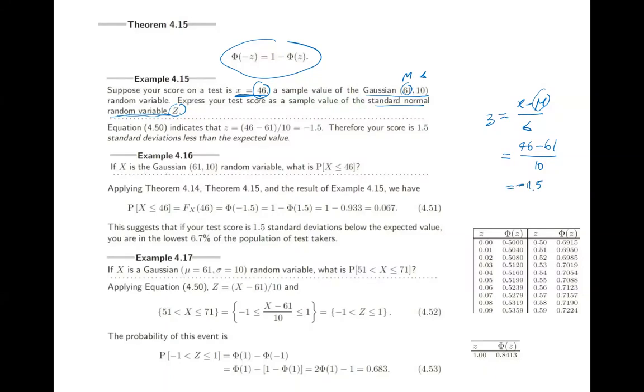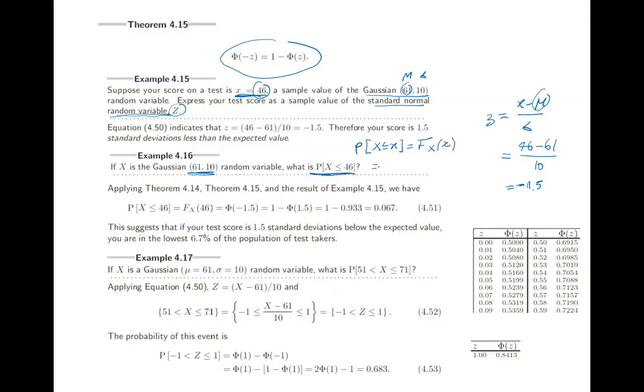Next, we have the Gaussian random variable again. What is the probability that the random variable x is less than or equal to 46? Okay, the probability that x is less than or equal to x was simply the CDF, right?